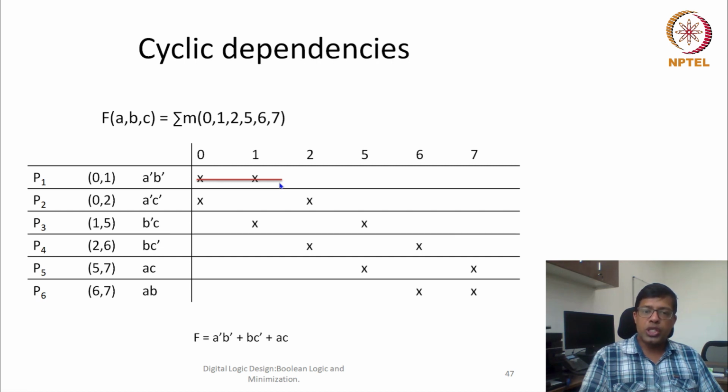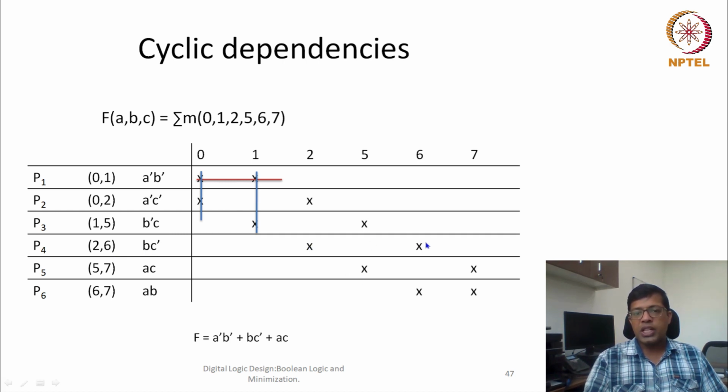Because both min terms 0 and 1 have been taken care of, I can put a horizontal line corresponding to this, and I can put a cross here, so that means 0 and 1 have been taken care of. Out of the remaining min terms 2, 5, 6 and 7, just by looking visually I can see that the next possible way would be if I select 2 and 6, so basically B C dash.